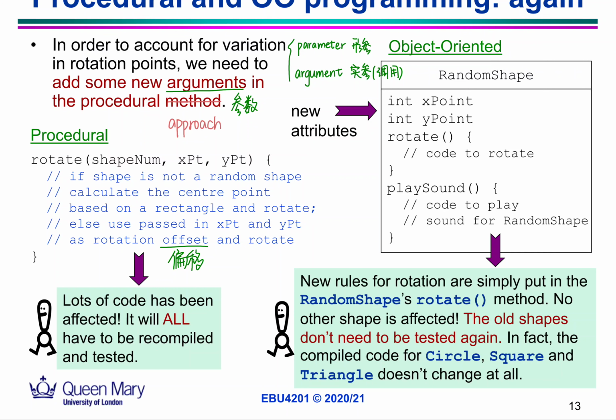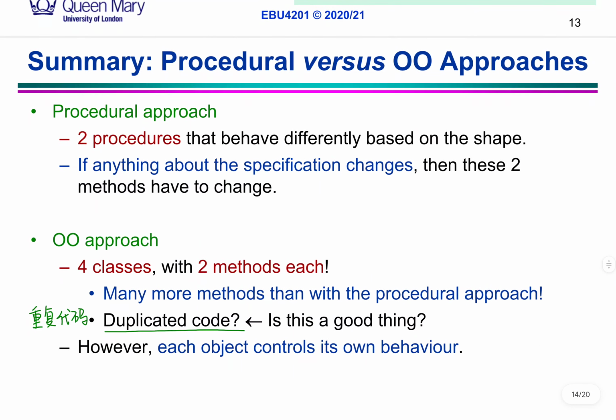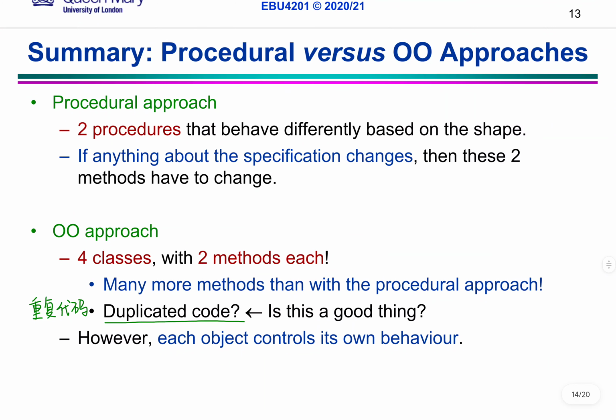Parameter and argument, there are two different arguments there. So that is the rule for rotation: simply put, no other shape affects all the shapes, and they are divided into different groups so that we can summarize.